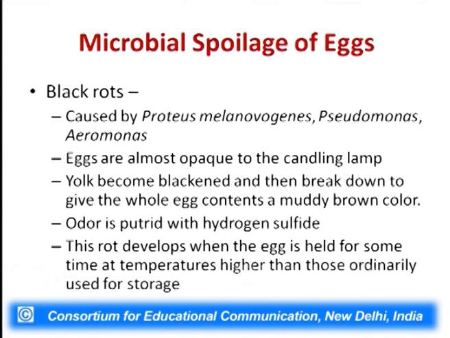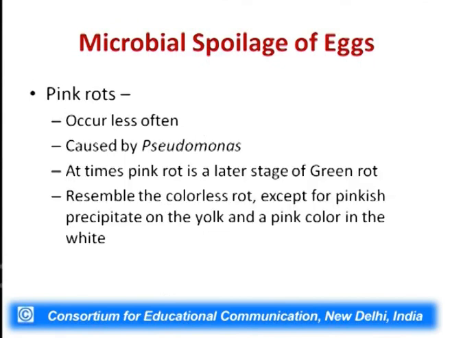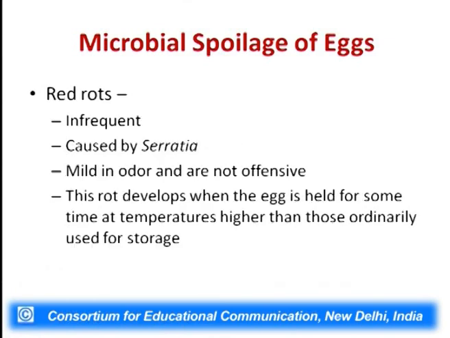Odor is putrid with hydrogen sulfide. Another rot is pink rot, which is caused by Pseudomonas, and in this a pinkish precipitate is formed. Similarly, red rot is caused by Serratia because it produces red color.